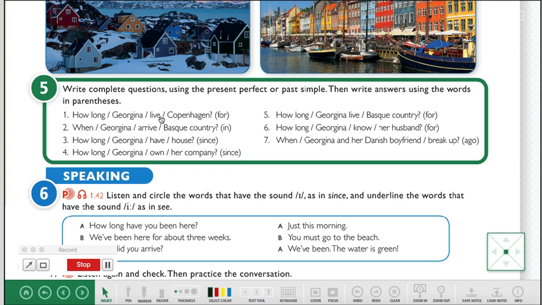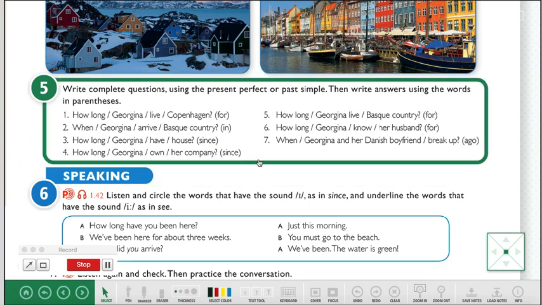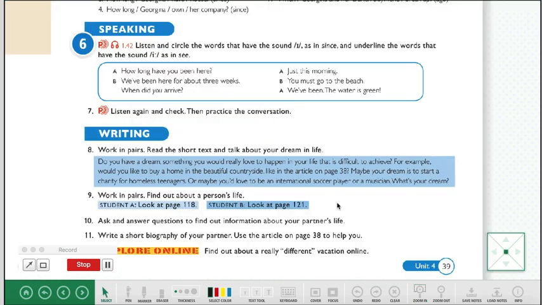Or have, or has, or did, or something like that. So you can add more words. The words in parentheses are just to answer the questions. And remember they are about the article. Who is Georgina? Georgina is over here, in the article.